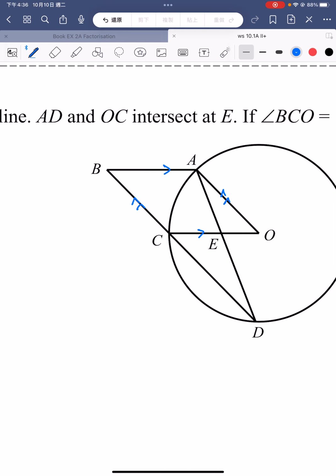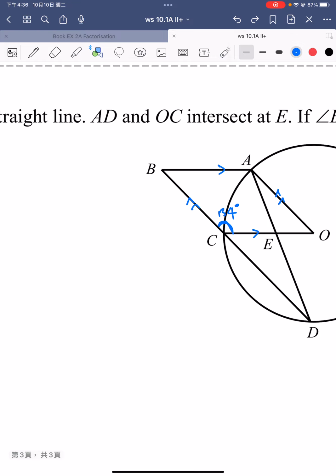So we have an angle which is actually inside and outside the circle, which is 134 degrees. If you still remember, when you have two parallel lines, their interior angles add up to 180.